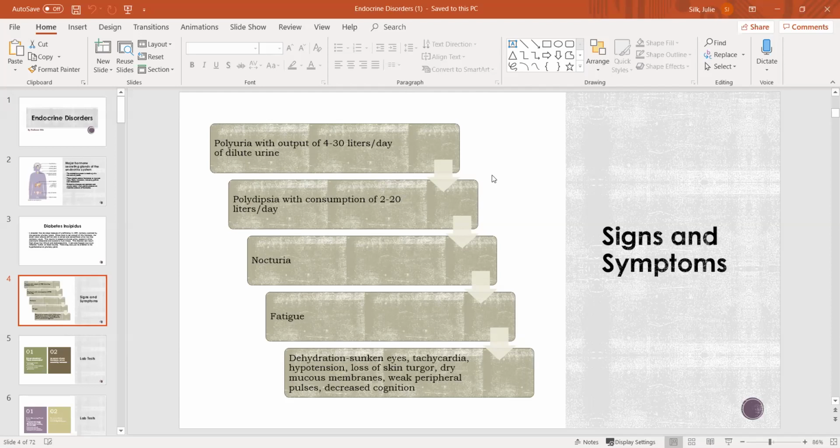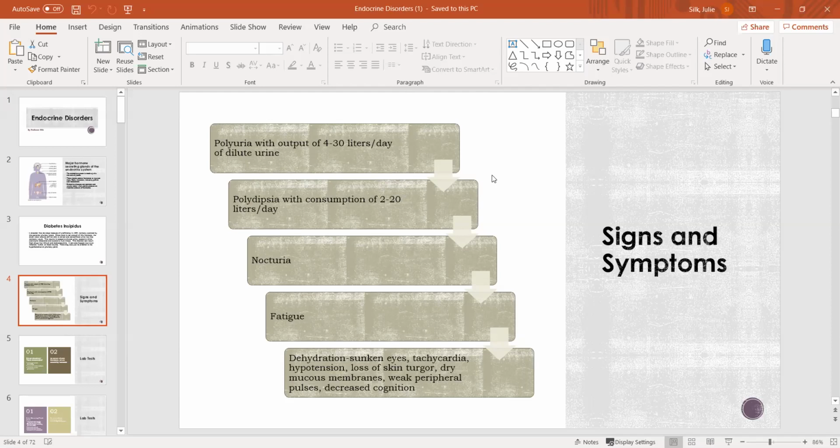And then some other things I have written down here, you could see someone with tachycardia. You could see really weak peripheral pulses and decreased cognition. So sometimes this person might be a little bit confused at this point. They can have a low blood pressure, and they can also have really sunken in eyes. Like if you've ever looked at pictures of people who were super malnourished and haven't had enough to drink, they look like that.